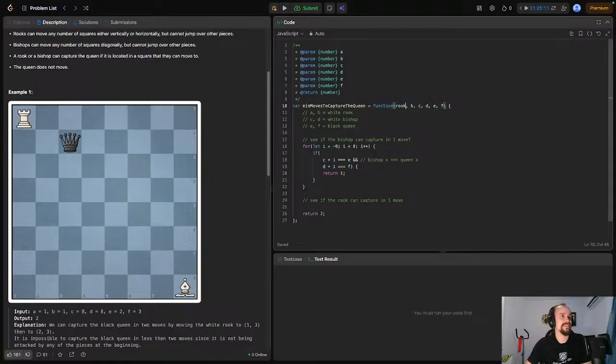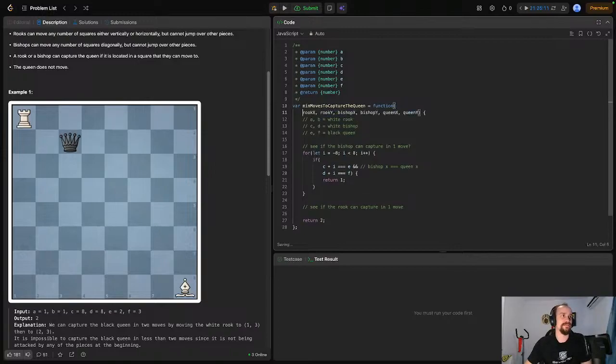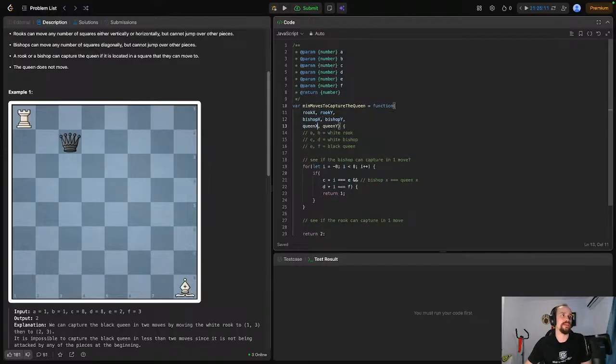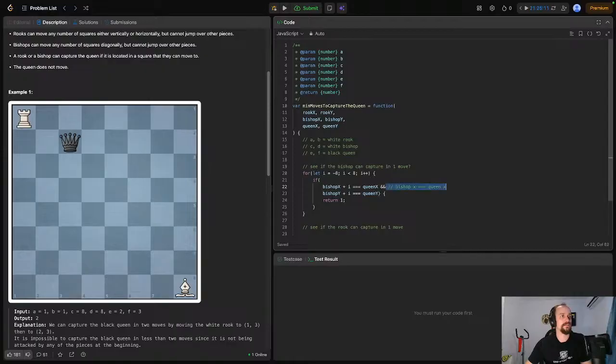A is rook X, rook Y, bishop X, bishop Y, queen X, queen Y. And just for even more readability, we'll add new lines, and then we'll do bishop X plus I, bishop Y, and then queen X, queen Y. Self-documenting code.